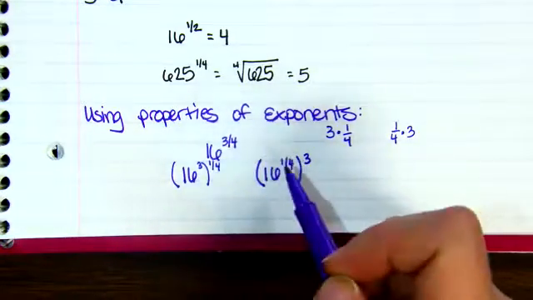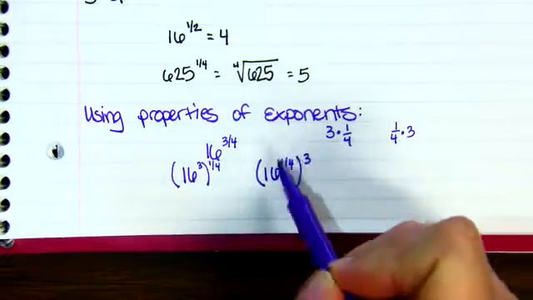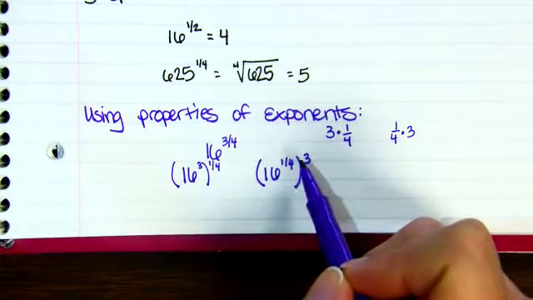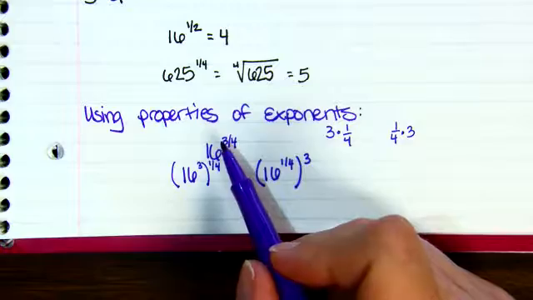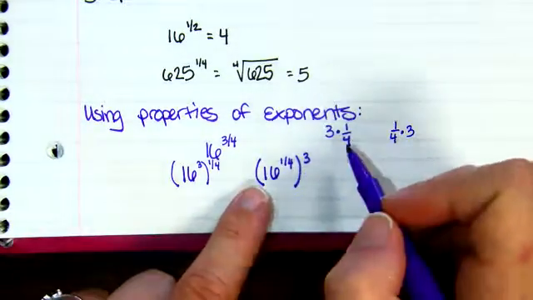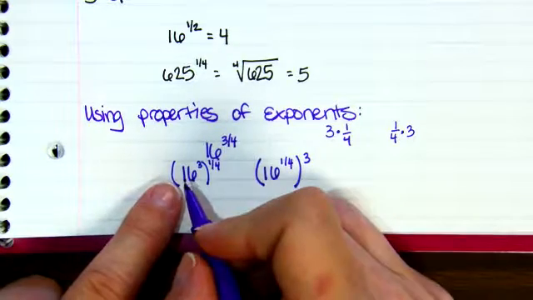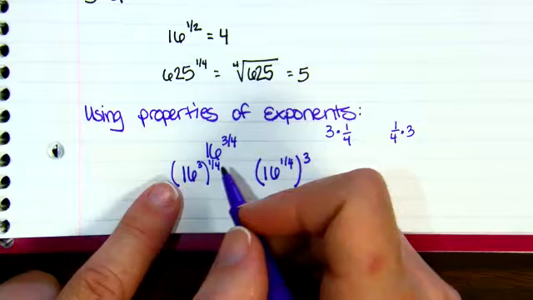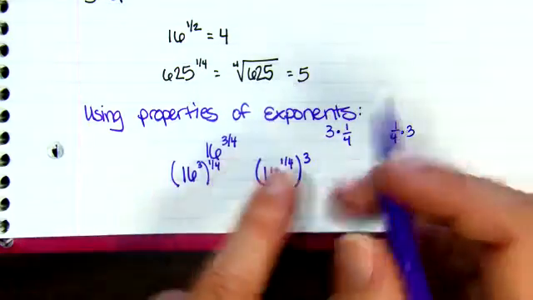And again, I would multiply my exponents here and see that that's really just 16 to the 3/4. So instead of doing what we did in an earlier section where we simplified our exponents, here we're actually breaking this up into a whole number exponent and a rational exponent. And the reason I'm doing that is because now I can solve this. Over here, if I really wanted to, I could cube 16 and then take the 4th root, but that does not sound like very much fun.